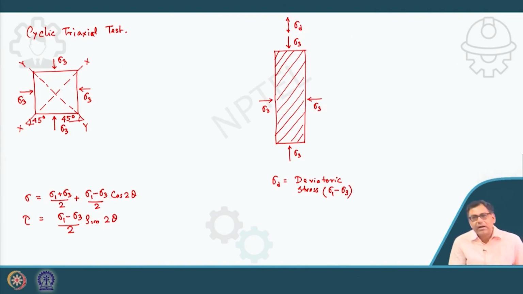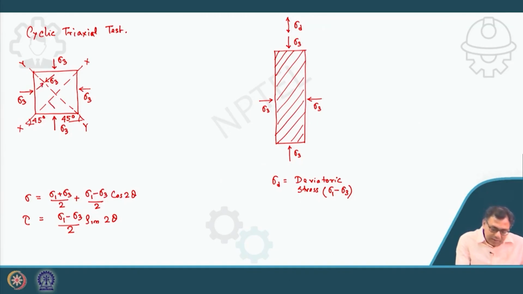Here sigma 1 is also sigma 3, and sigma 3 is sigma 3. So sigma n will be (sigma 3 plus sigma 3) divided by 2, which is sigma 3 only. So on the XX plane, the normal stress is sigma 3.